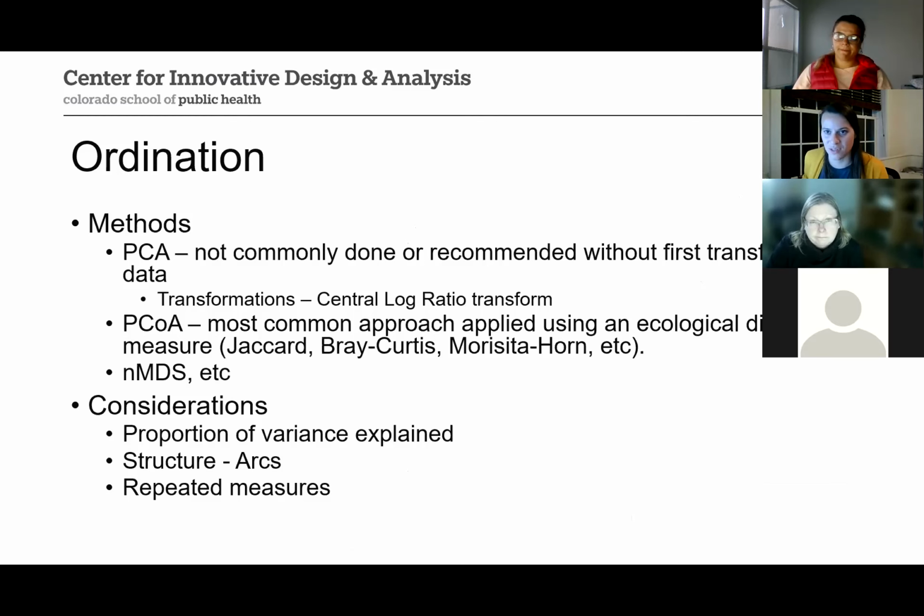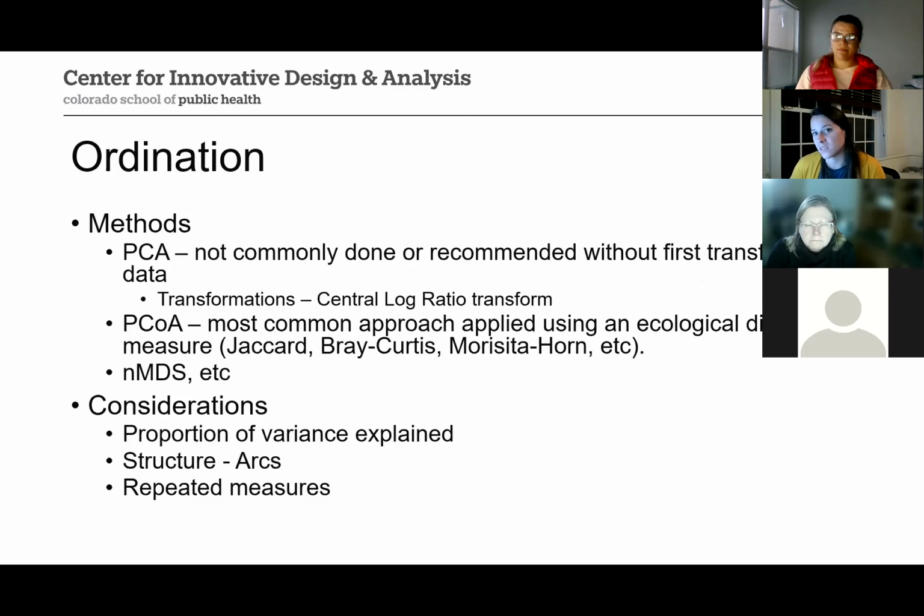So this brings us to our ordination side. PCA is the most common method for ordination in classical statistics. It's not really appropriate for microbiome data. You can use it if you do things like a centered log ratio transform, which attempts to normalize the data, but it's still not amazing. So we prefer the PCoA, which allows for different ecological distance measures.